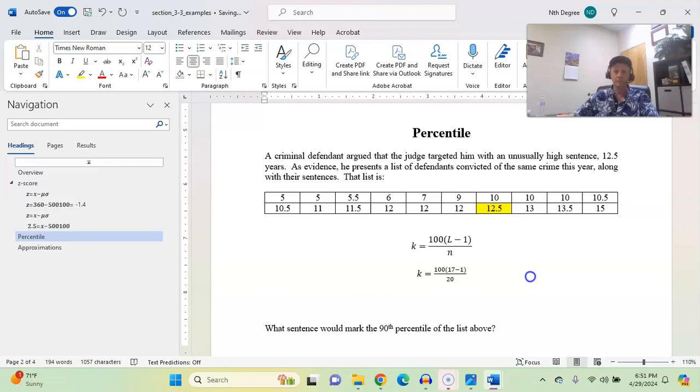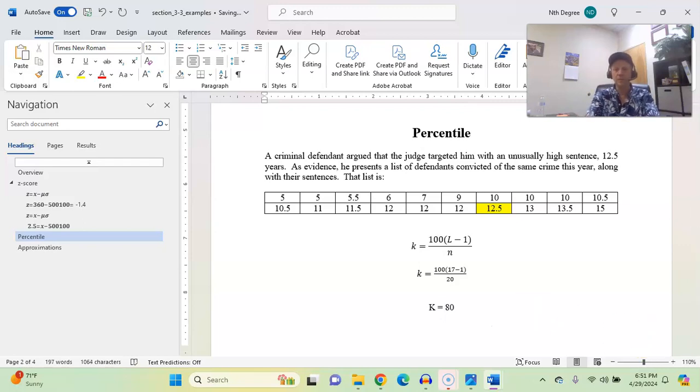Okay, when we do the arithmetic on this, 17 minus 1 becomes 16. 16 divided by 20 is 0.8. Multiply that by 100 and you get 80. So this number is at the 80th percentile.